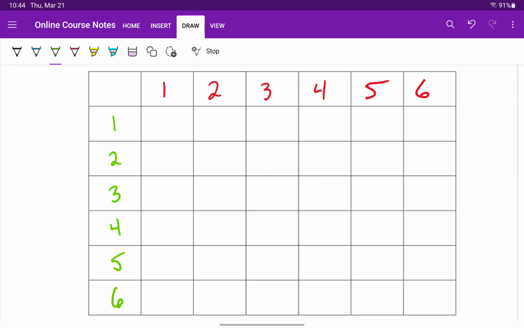What we'll do first is look at each of those rows, and we'll take that 1 and just continue that through each column, and do the same thing with our 2s, and so on for our remaining numbers.